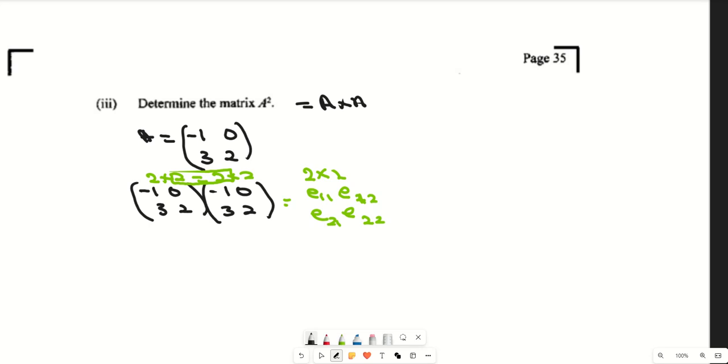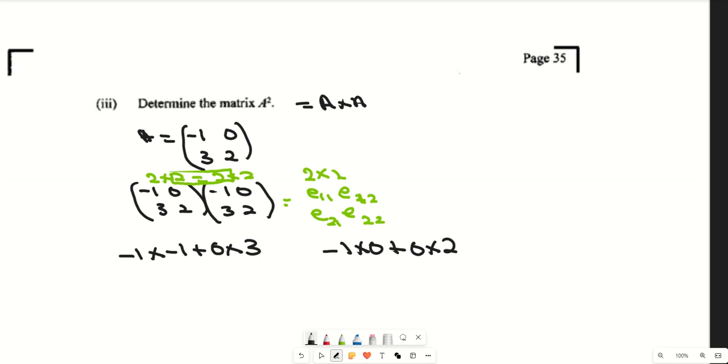All right, so we're going to find element 1,1. Element 1,1 just means you're multiplying the first row by the first column, so that's minus 1 multiplied by minus 1 plus 0 multiplied by 3. Then your first row by the second column, that's E1,2: minus 1 multiplied by 0 plus 0 multiplied by 2.